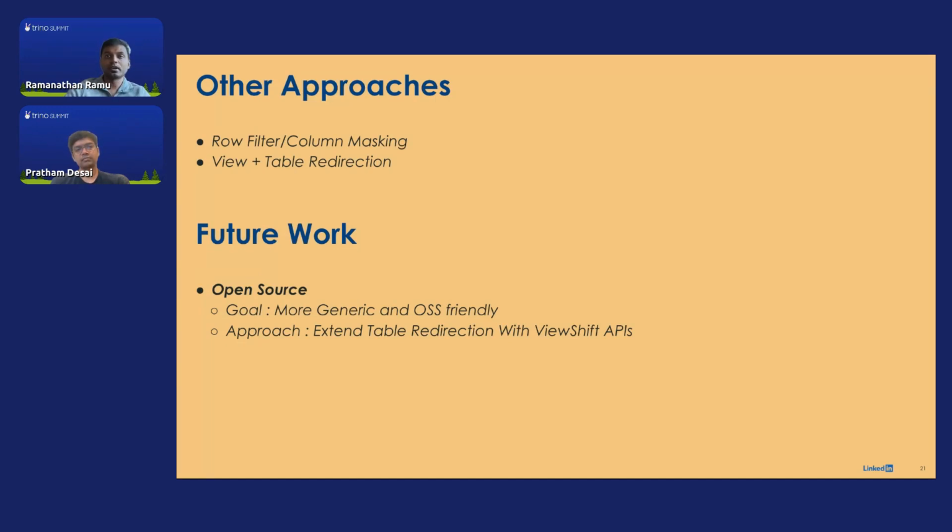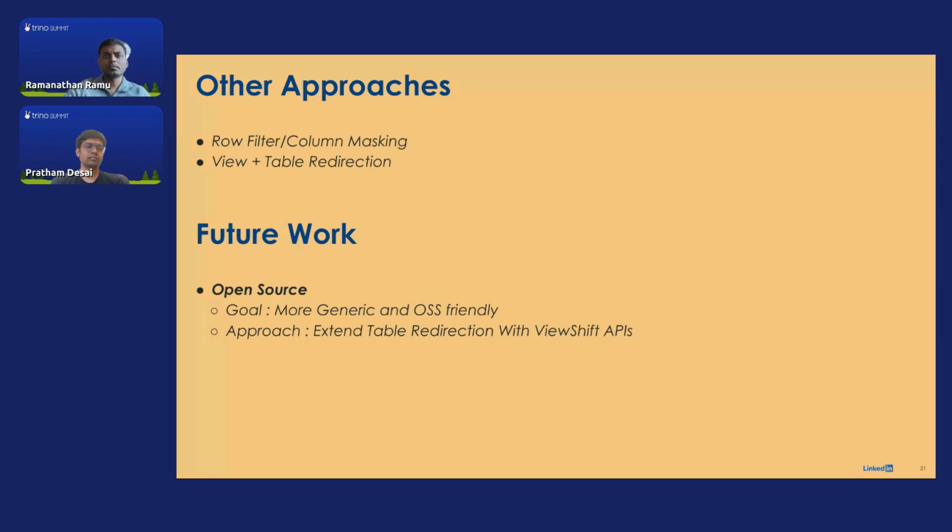And we need to achieve compliance in all of these. So ViewShift is a one-stop solution to achieve compliance irrespective of the underlying engines. And that was the main motivation behind this.